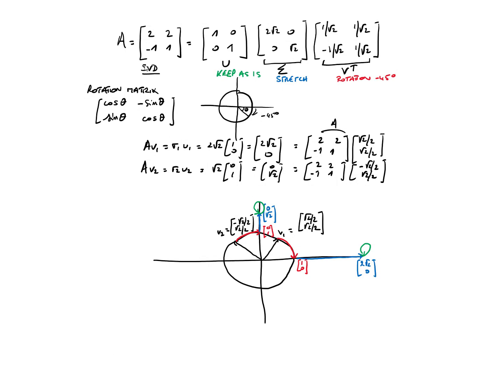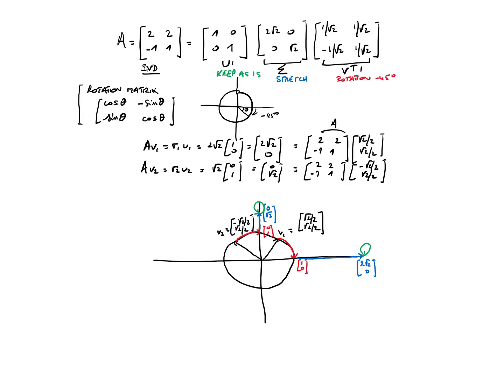So it's U sigma V transpose, and remember that these matrices U over here and V transpose over here are orthogonal matrices, so they are related to operations such as rotation and reflection. We will see here that V transpose is a rotation matrix.